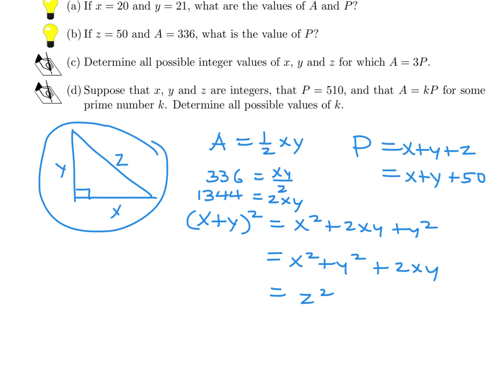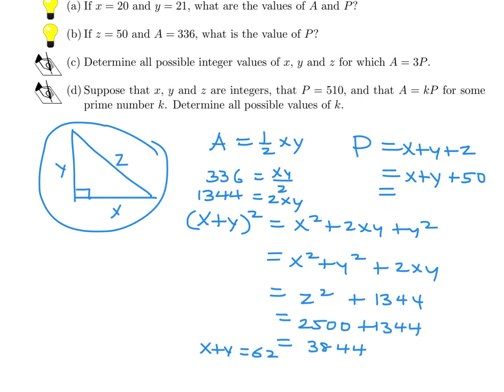So 1344, and then z squared, well, z is 50, so that's 2500 plus 1344, and that's going to be 3844. If I take the square root of both sides, I'll get x plus y is equal to the square root of that, which is 62. And what are they asking for? Oh, okay, I just plug it in here, and I got it. So a little bit of algebra there to get the final answer.